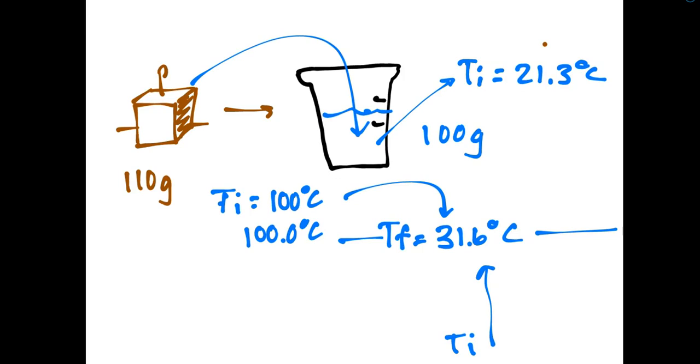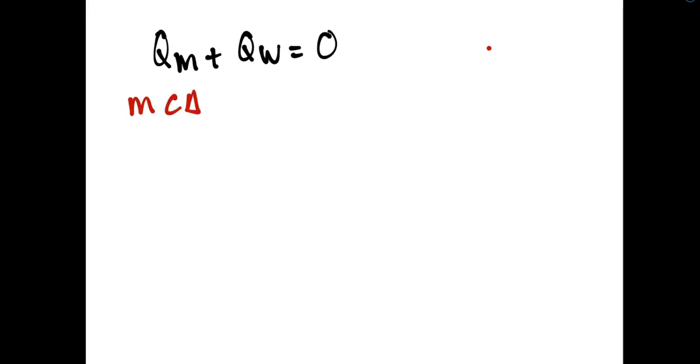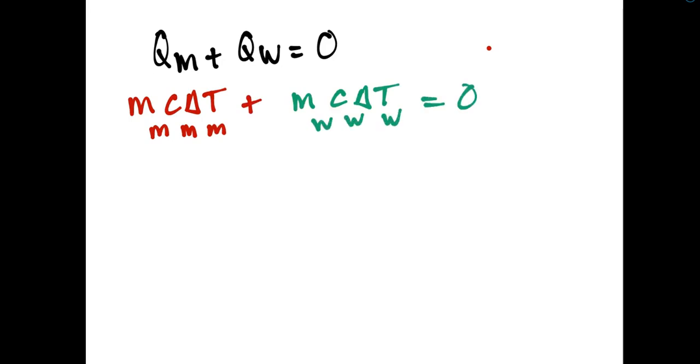There's no way I'm going to remember those, so I have to come back. Okay. But you should learn how to do this. The heat of the metal plus the heat of the water equals 0. And then mc delta T of the metal plus mc delta T of the water equals 0 because no heat is lost. We are trying to find that.